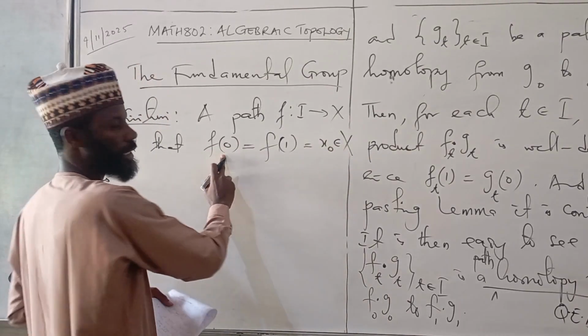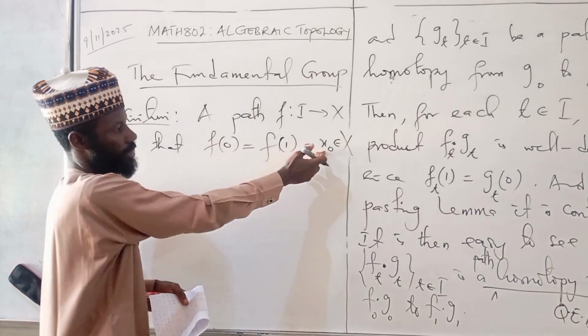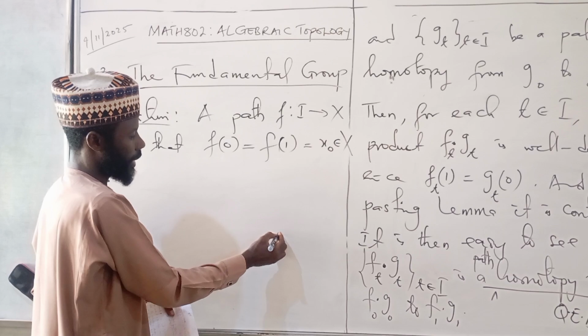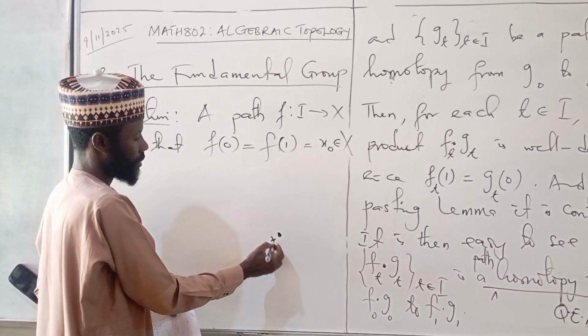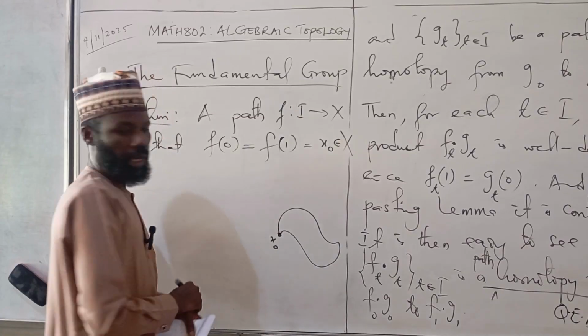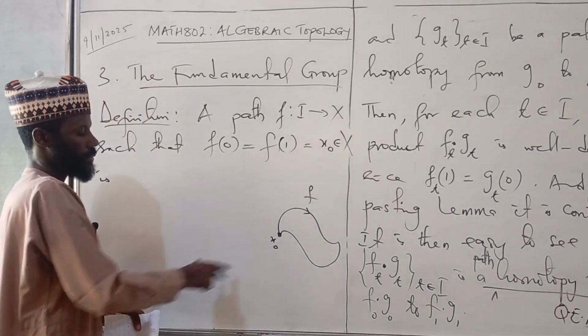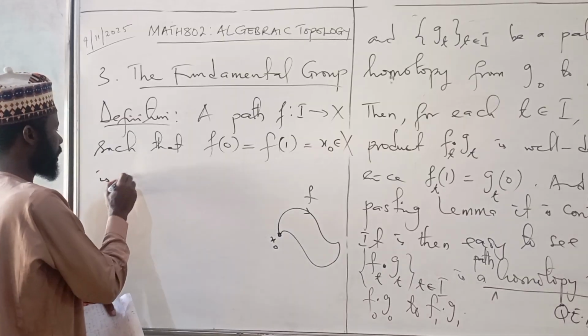So if it happens that the initial point of a path is equal to the terminal point, the same point, so you have a path like this. This is f of 0. And then it starts from there and again ends at that particular point. So that path is called a loop.